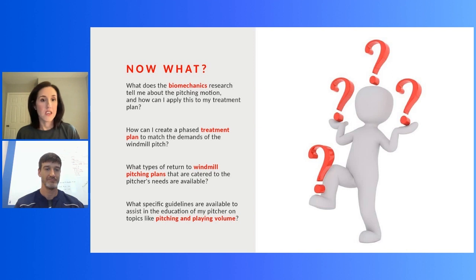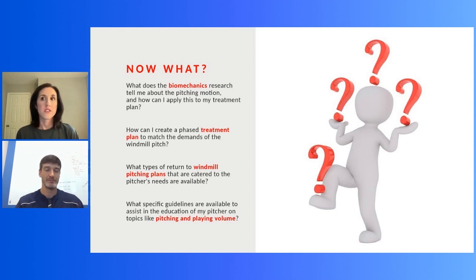And then finally, thinking about specifically, when they get to that return to throwing and pitching phase, what type of pitching plans are out there? And so if we look to the literature, or if you were to do a Google search, a lot of times it's just based around baseball, which is great. We need that. But if we really want to cater to the windmill pitch, they're not really required to throw overhand to the degree that a pitcher or even a position player needs.